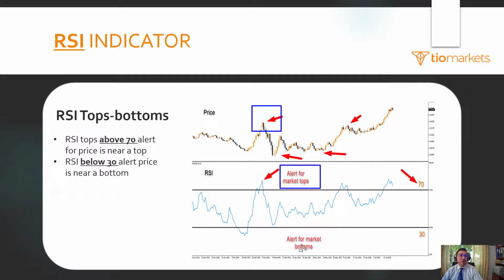And again, for alerts for bottoms of markets at 30, here we can see RSI is below 30, and then we can see how price then moved higher from that point. Very, very powerful, the RSI.